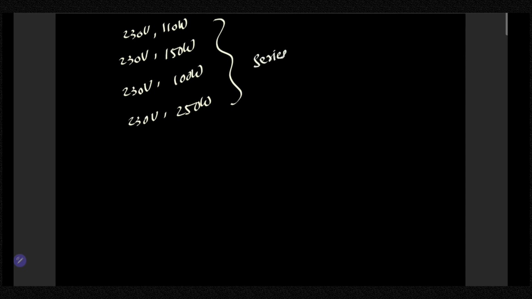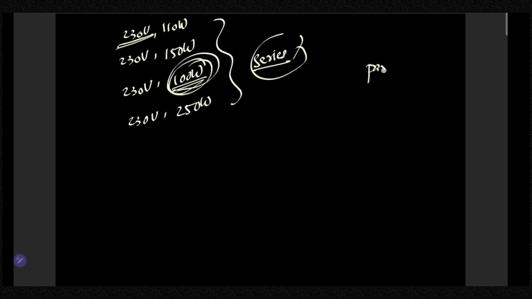Which one will glow brighter? The third bulb, the one with the lower wattage, will be glowing brighter. So keep that in mind. If two or more bulbs are connected in series with the same voltage rating, then the one with the lower wattage will be glowing brighter.